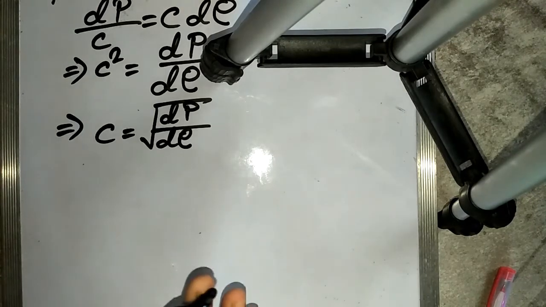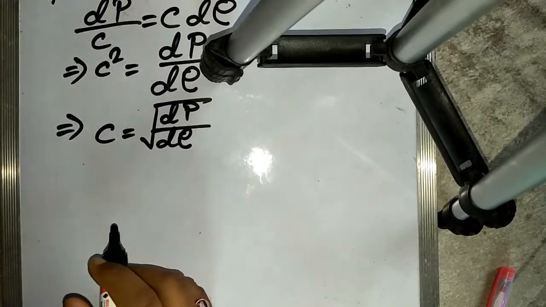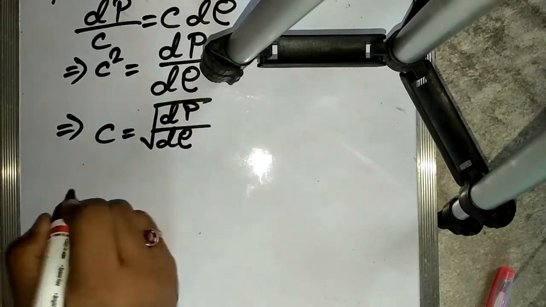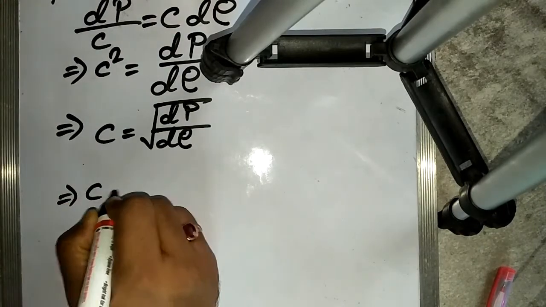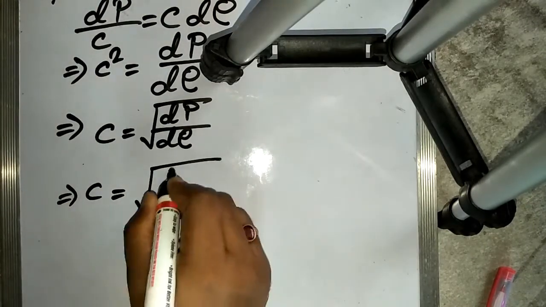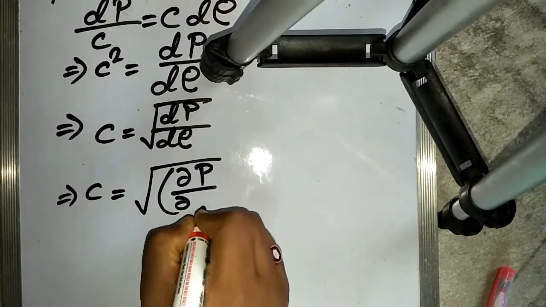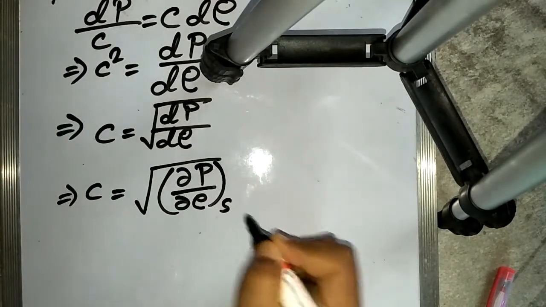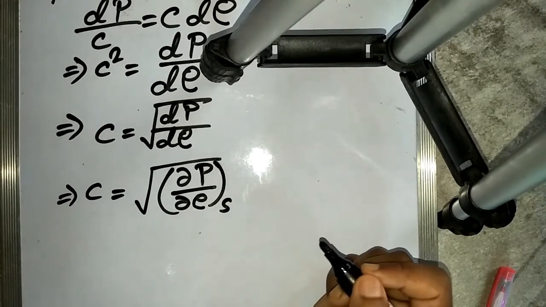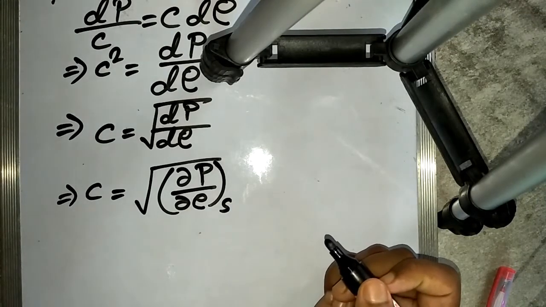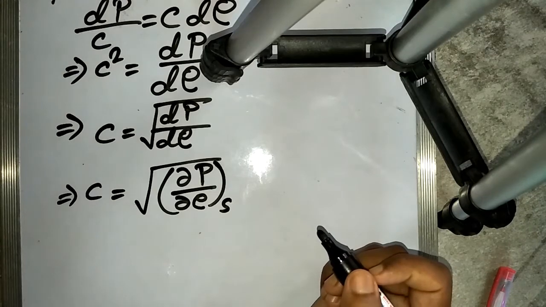Hence, the sonic velocity can be written as c is equal to root over del p by del rho at constant s.